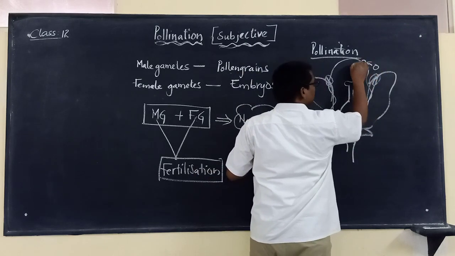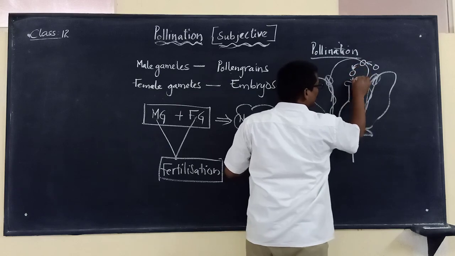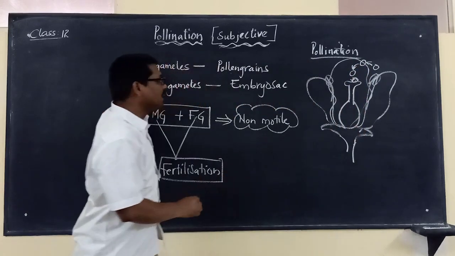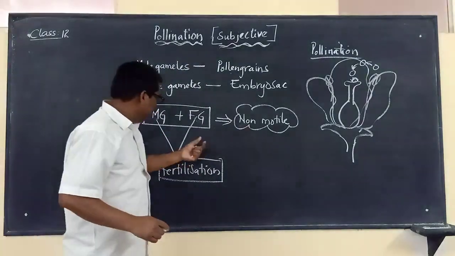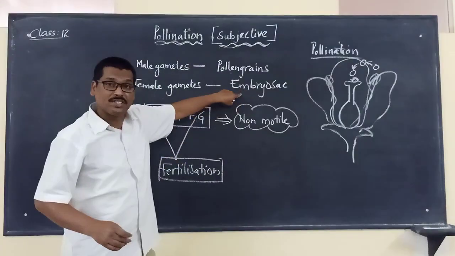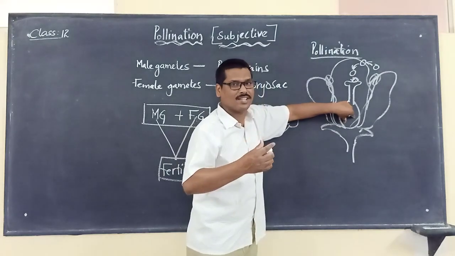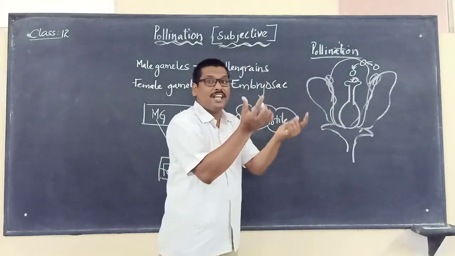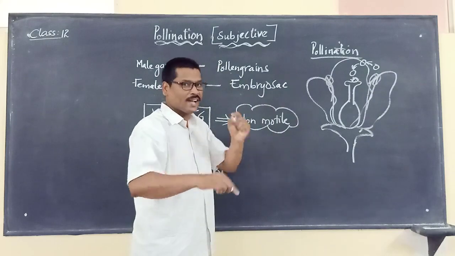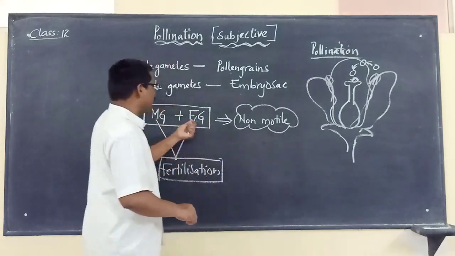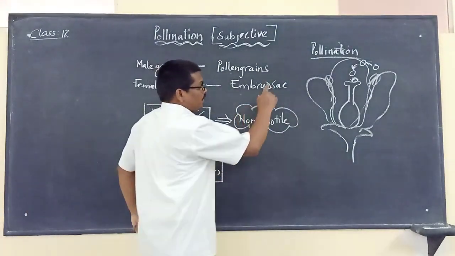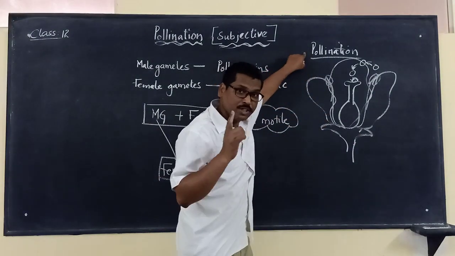These pollen grains are carrying the male gametes. Whereas the female gametes are present in the embryo sac, in the ovule in the ovary. Inside the embryo sac there will be an egg, the female gamete.